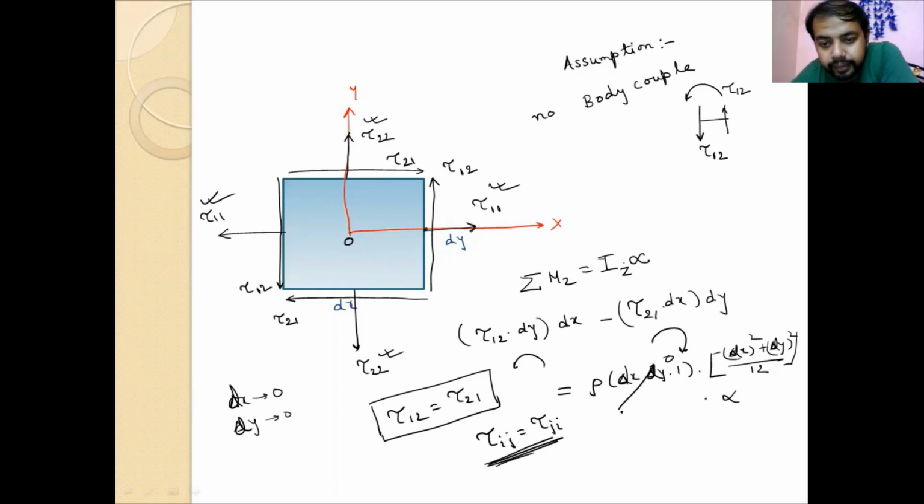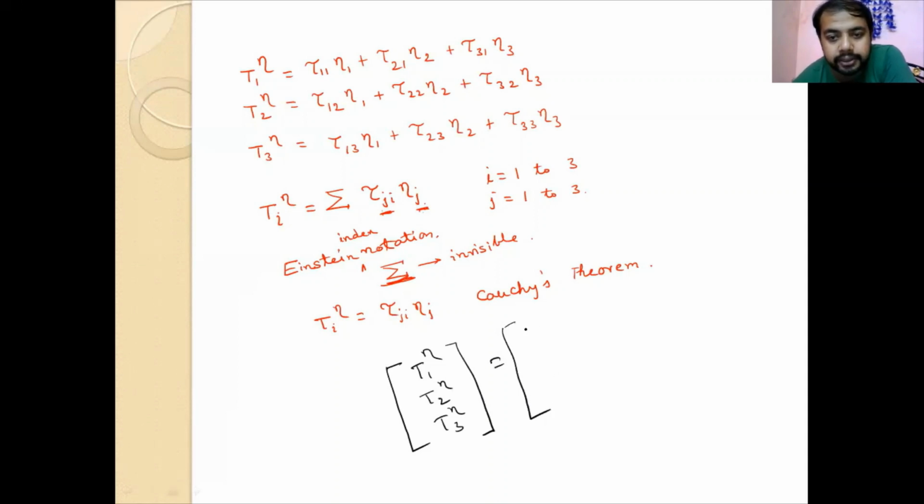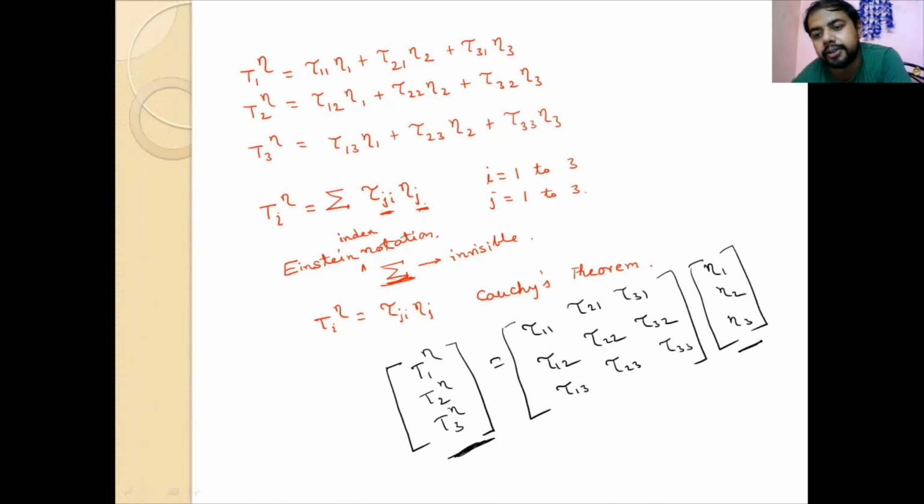In the previous portion, if you write it in matrix form, the traction vector is a vector, and the matrix of tau 1 1, tau 2 1, tau 3 1, tau 1 2, tau 2 2, tau 3 2, and so on is a second order tensor, the stress component.